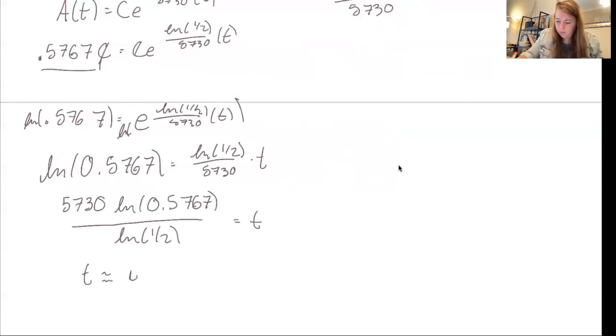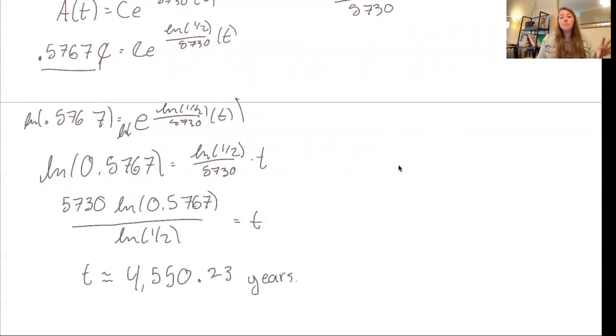actually, I have it written out, but I want to know the decimals. So 5730 times ln 0.5767 divided by ln 0.5 gives me 4,550.23 years.